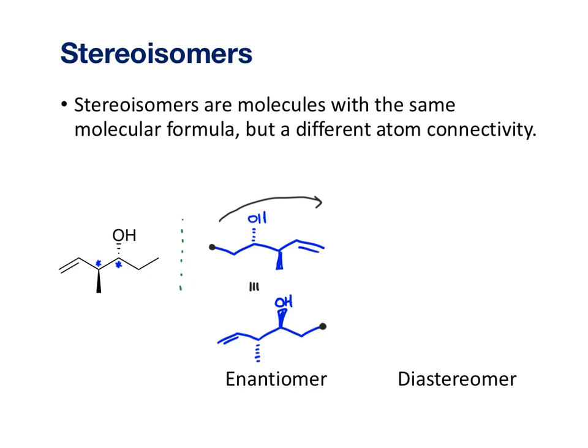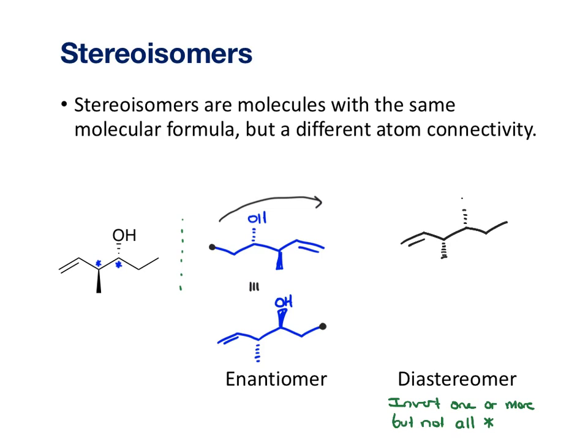Now, if we want to draw a diastereomer, when you have a molecule with more than one chiral center, you just want to invert one or more, but not all, of your chiral centers. Because if you invert all of them, you make the enantiomer. So we can draw a couple different diastereomers. Let's say we decide to invert the methyl.